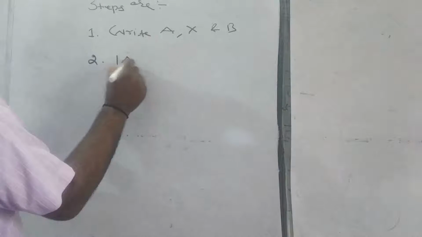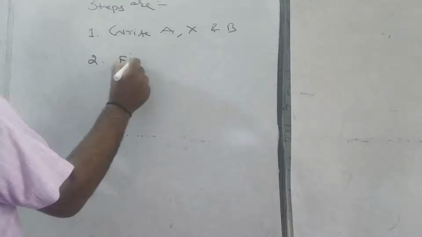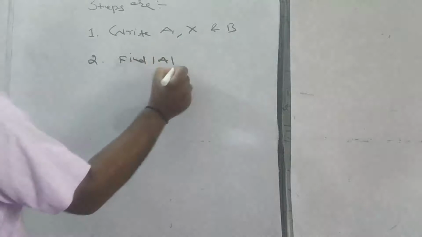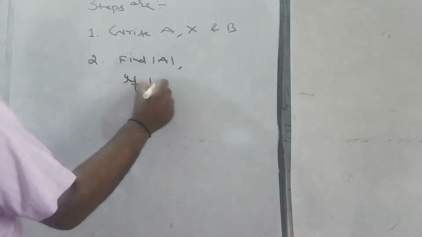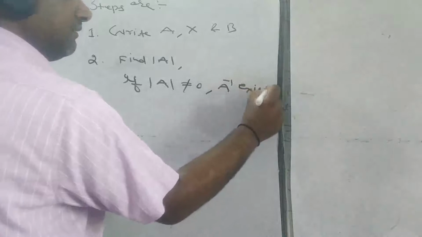Second, find determinant A. If determinant A is not equal to 0, A inverse exists.